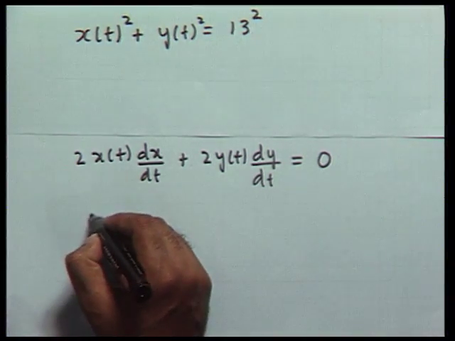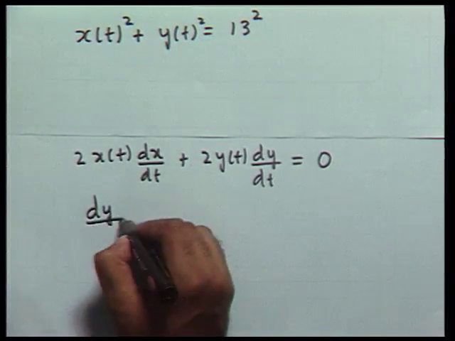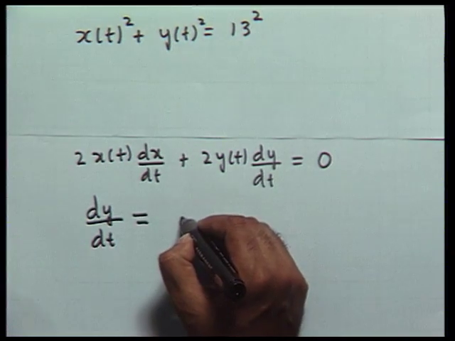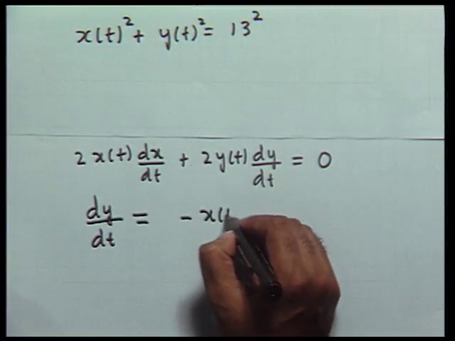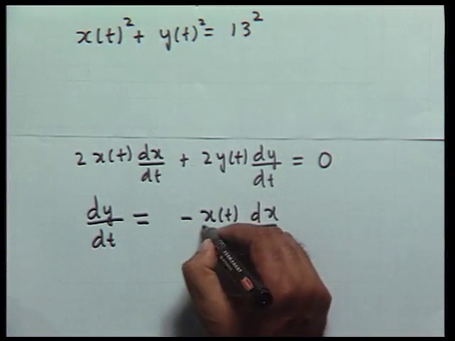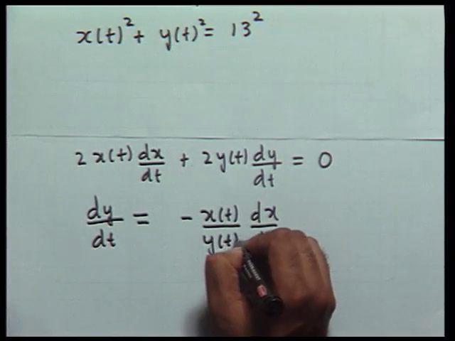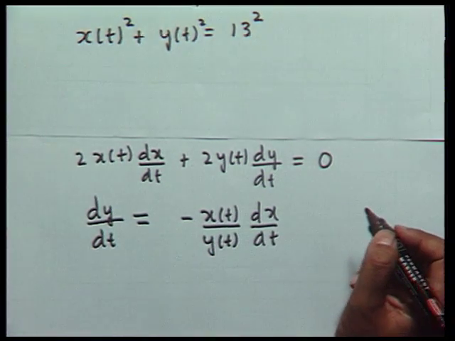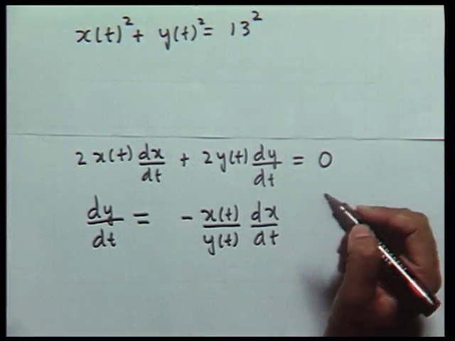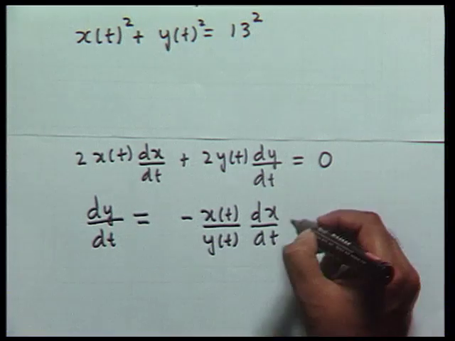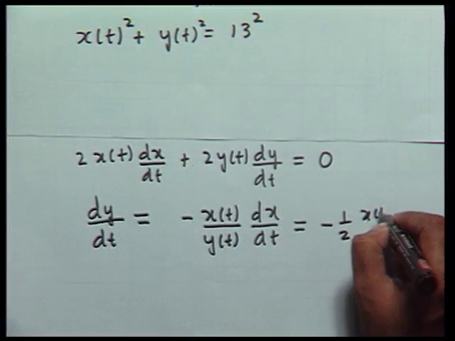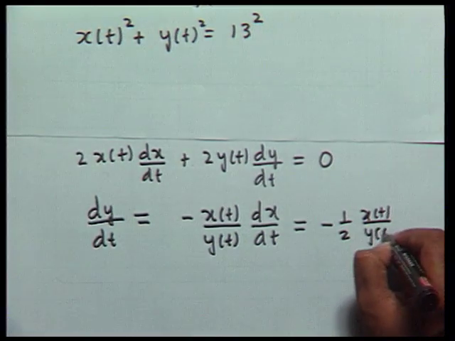So, let us see what we can do with this expression. Dy by dt from here turns out to be equal to minus x(t) dx by dt divided by y(t). Also, I know exactly what dx by dt is. So, this expression further becomes minus 1 by 2 x(t) by y(t).